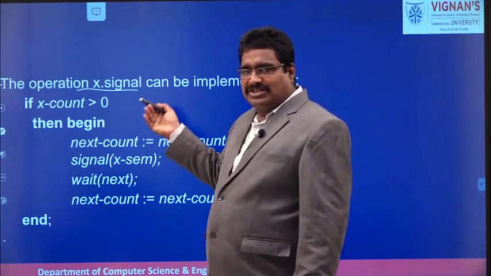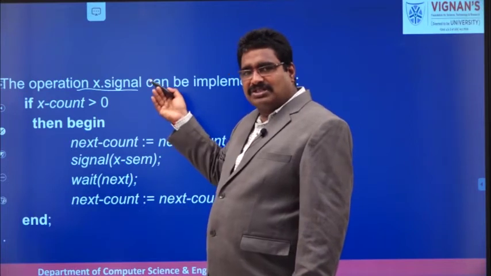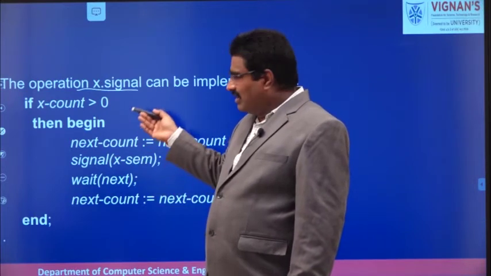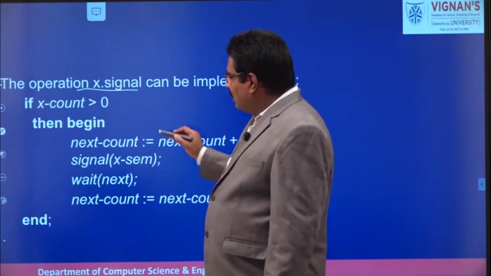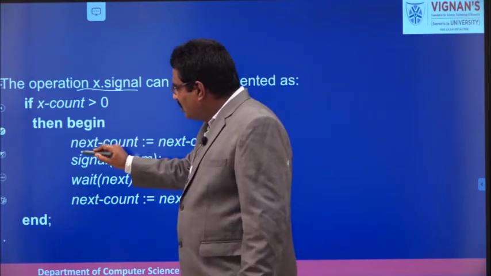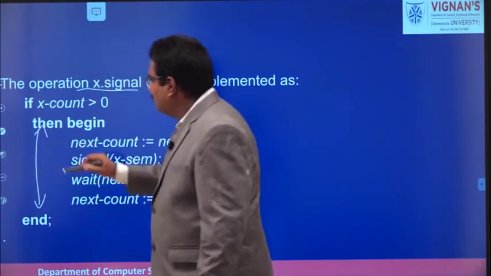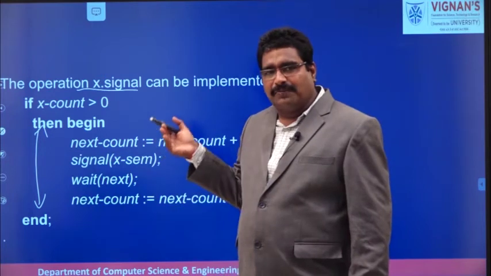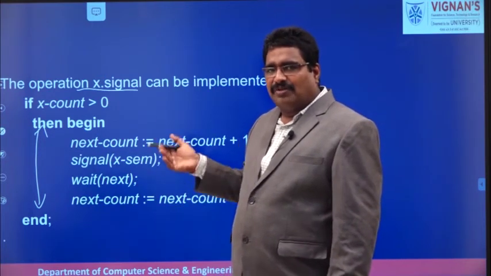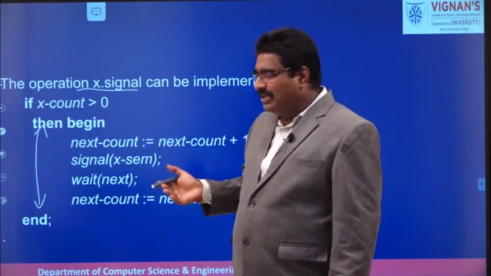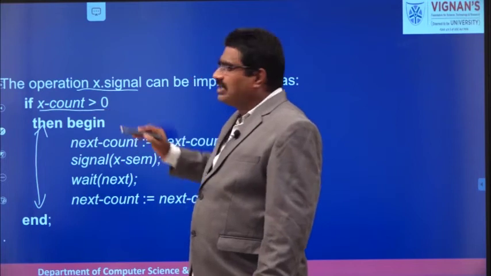If any process calls x.wait, the count value is increased by 1, and that process is blocked using wait of x-sem. So only if the count is greater than 0 does it perform the operation. For example, if the count value is 0, that is, no other process has called x.wait, then the signal does not perform any operation. For that reason, we verify that x-count is greater than 0.